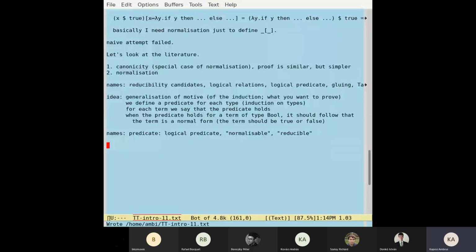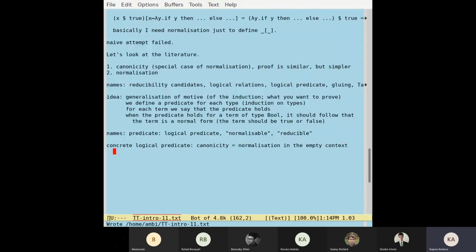Now, what I said is very non-precise. These are just the ways people talk about these things. But let's see a concrete example, and you will understand what this is about. The concrete logical predicate is for canonicity. What we want to prove here is basically normalization in the empty context.